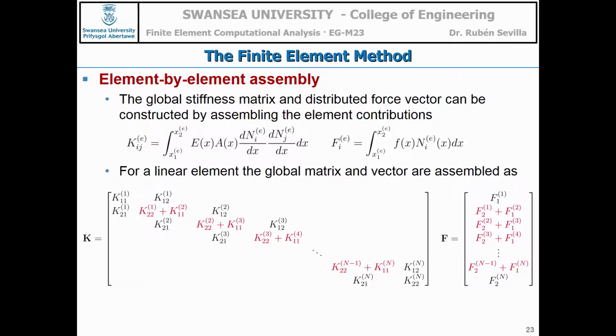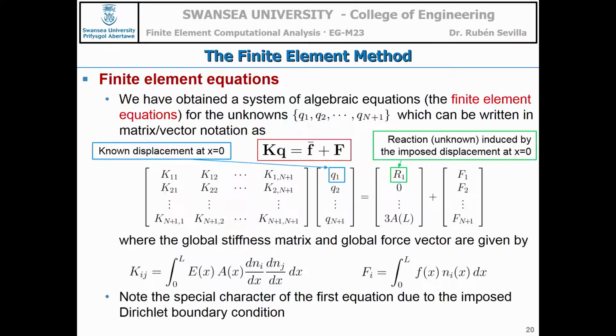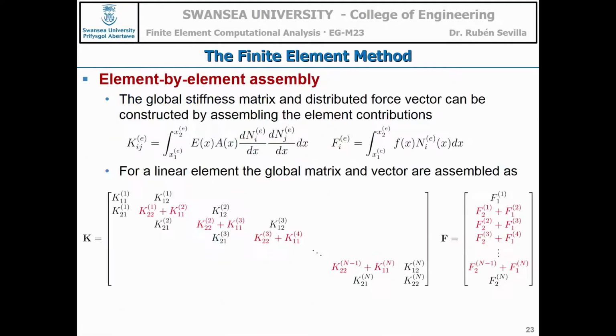In contrast to what we had before, where the K didn't have any superindex because we were integrating in the whole bar. So now we have split the bar in elements, we compute these integrals in each element, and we assemble the global matrix.